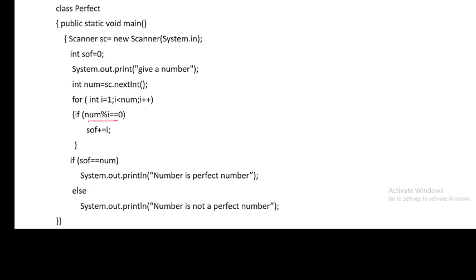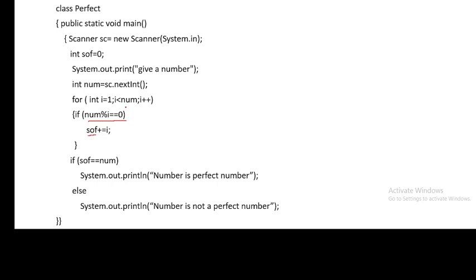Whenever this condition is satisfied, we'll do SOF += i, which means SOF = SOF + i, so we are adding the factors. Whenever we get i as a factor, that will be summed up into the variable SOF.